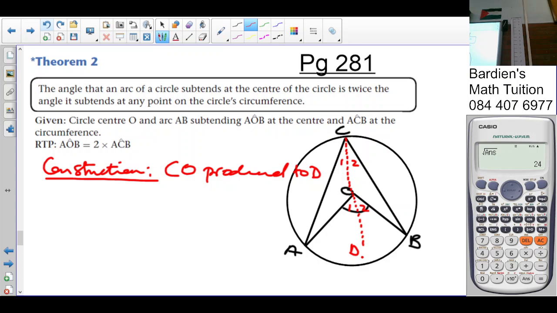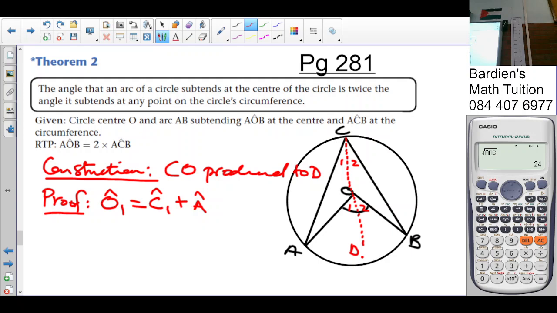So now, the proof. What can we say about angle O1? Angle O1 is equal to angle C1 plus angle A. Why is angle O1 equal to angle C plus angle A? Isn't that an exterior angle?